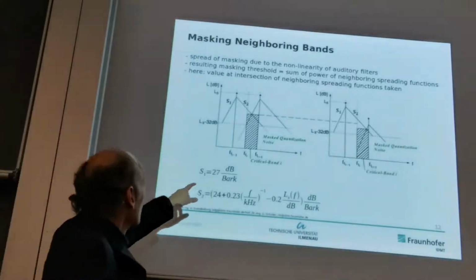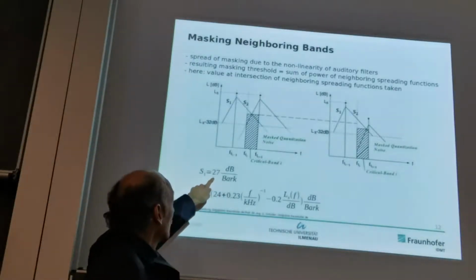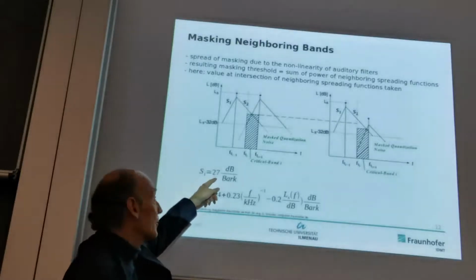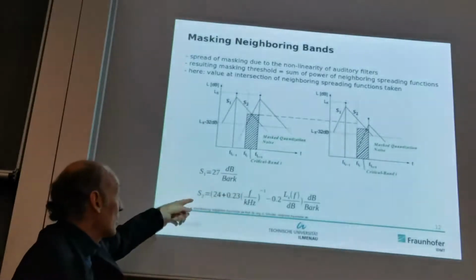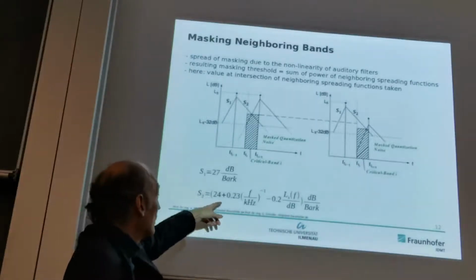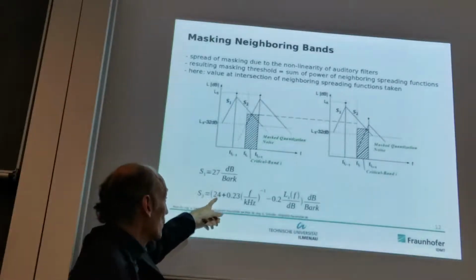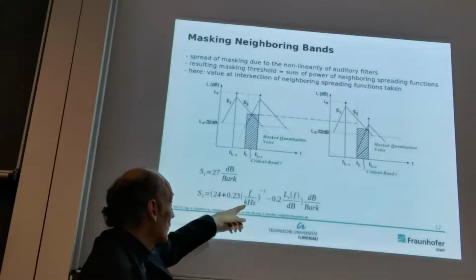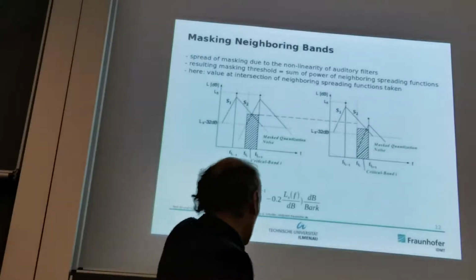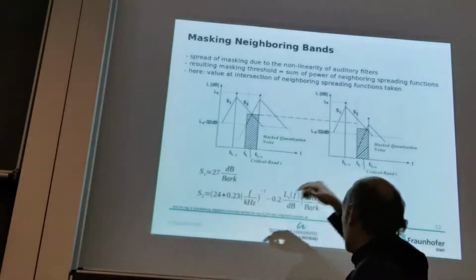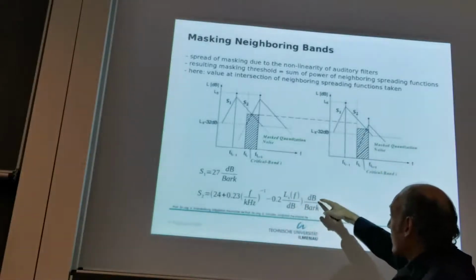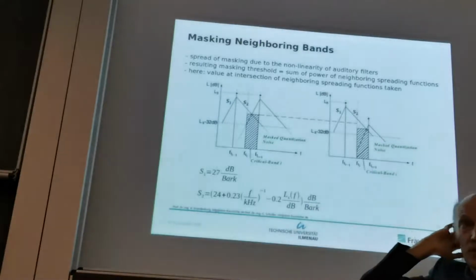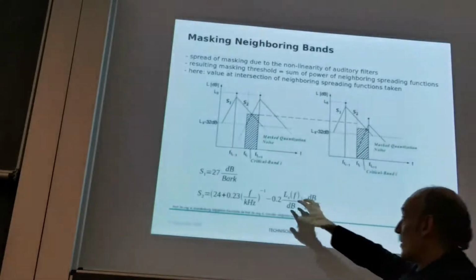And here you can also see the two different slopes. The lower, steeper slope is this 27 dB per bark. And this upper, not so steep slope is, in this case, 24 plus 0.23 divided by the frequency in kilohertz, minus 0.2 times the loudness in dB. And this gives you a dB number per bark. So this is then the slope.